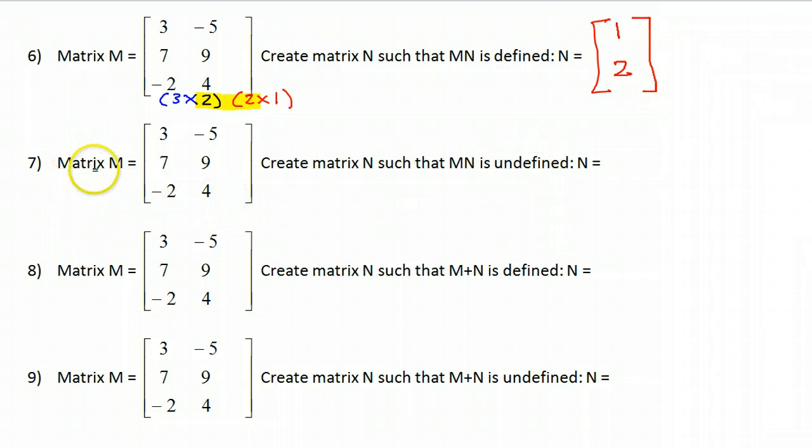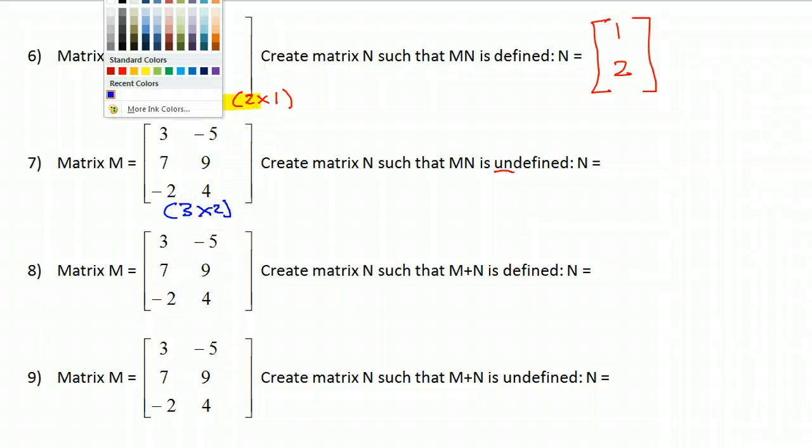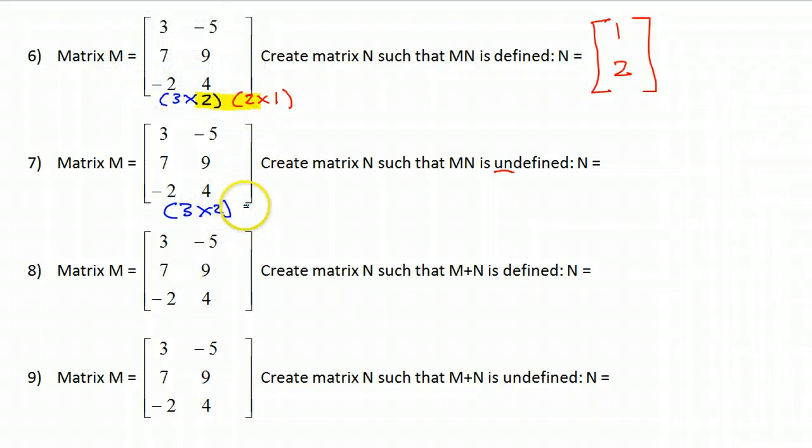Matrix M is this. Create matrix N such that M times N is undefined. Like we saw a moment ago, since matrix M is a 3 by 2 matrix, matrix N, in order to be defined, would have to be a 2 by something. So if I make this anything other than 2, it will be undefined.